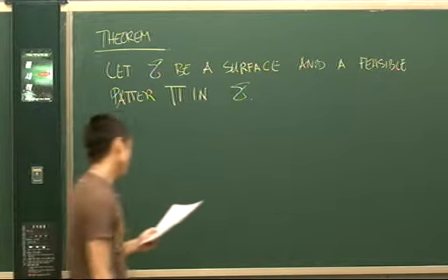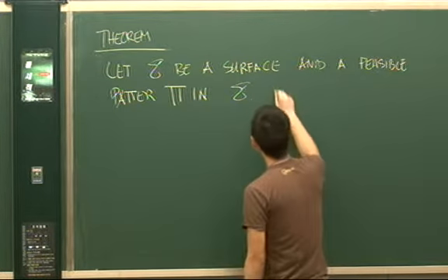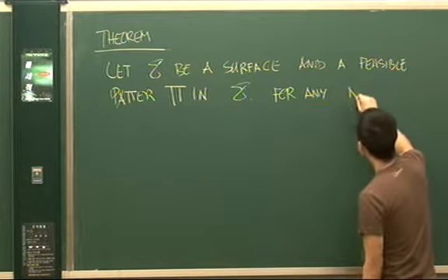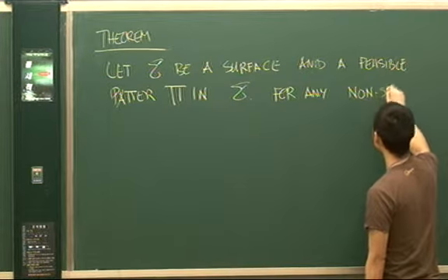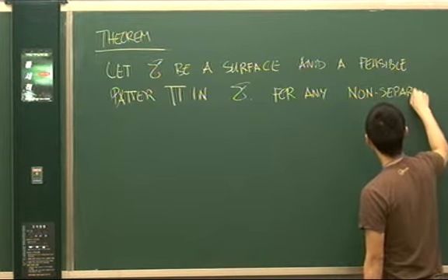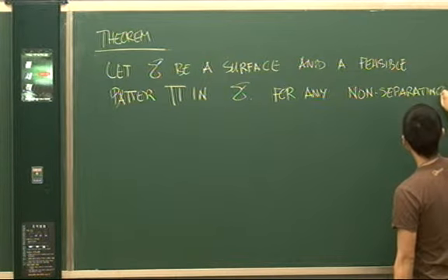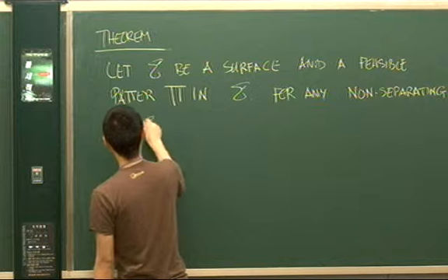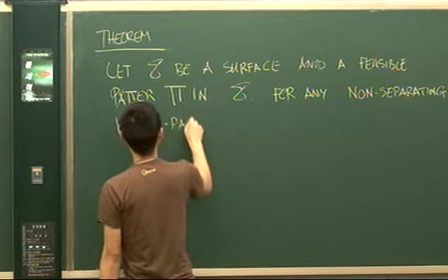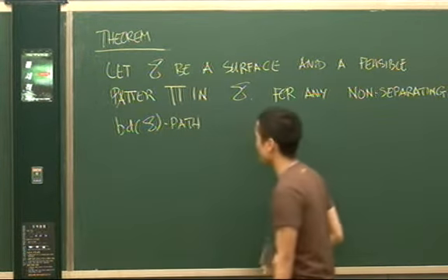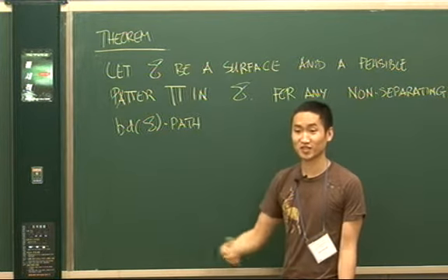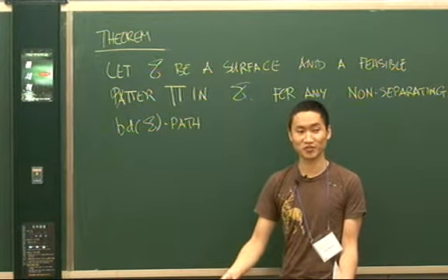All right. So the theorem is that if I give you any non-separating boundary sigma path, this just means that it is a curve with both of its endpoints on the boundary, and it's otherwise disjoint from the boundary.